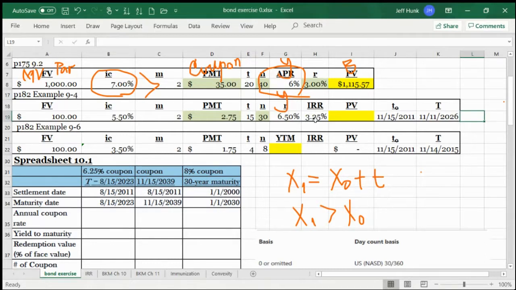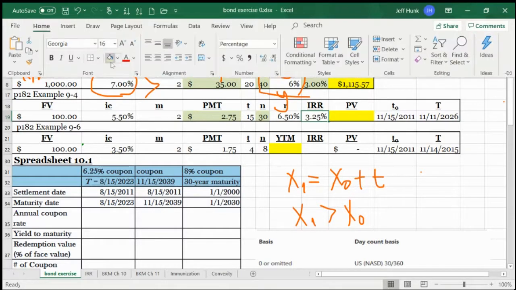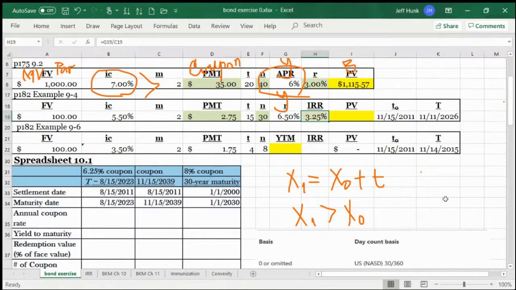But why did I call it R here? Because I wanted to use the term internal rate of return here. Internal rate of return, IRR. Now, I will need to explain this later.